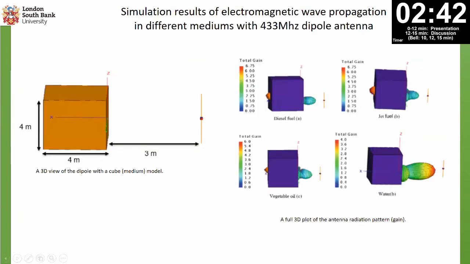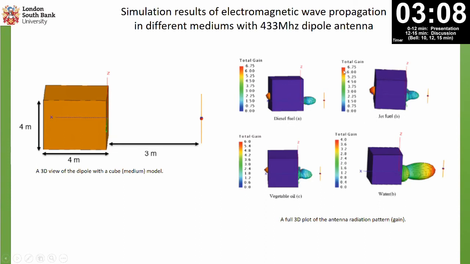We also use the software Feko to do simulation to see the attenuation of the wave. Here we have a box which represents our medium, and the antenna is placed at 3 meters from the medium. Propagating through, we have diesel fuel and jet fuel.